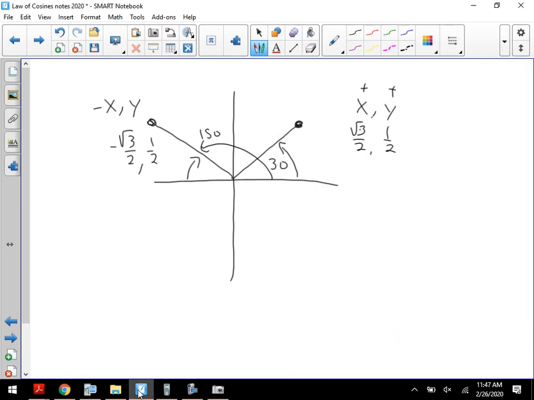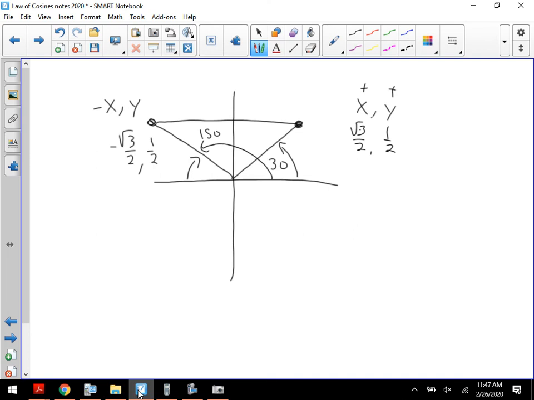What happens in algebra 2 is angles can be placed in what's called standard position. If they're placed here, and this angle and this angle have the same reference angle, meaning how far they are off the axis, their ordered pairs are the same except the sign changes.